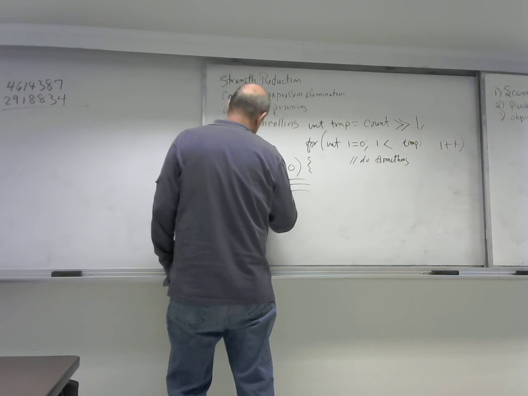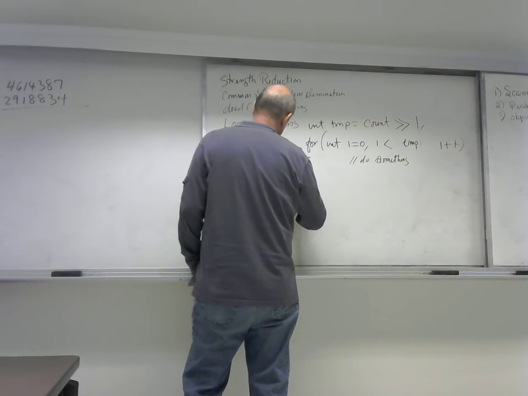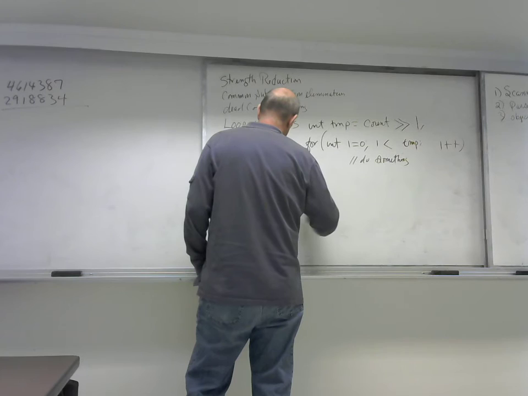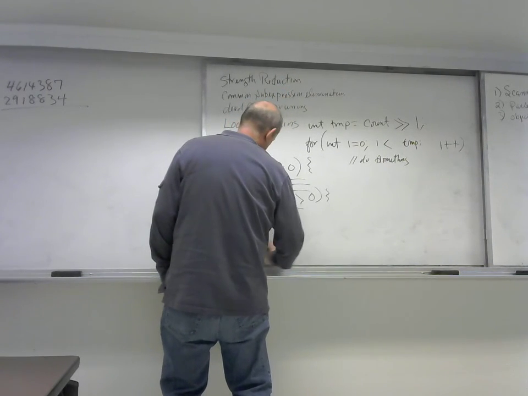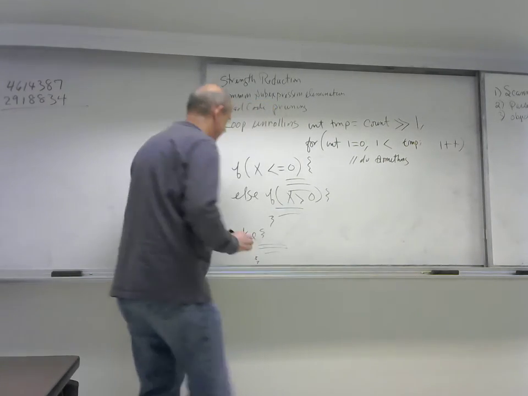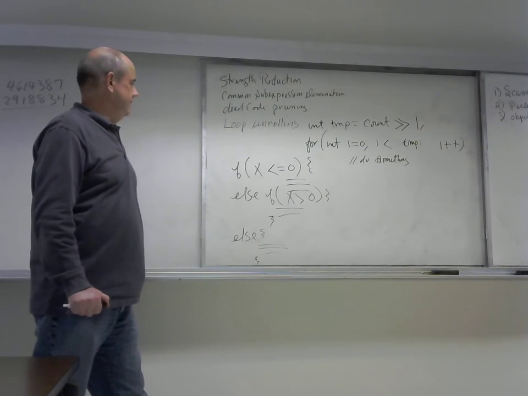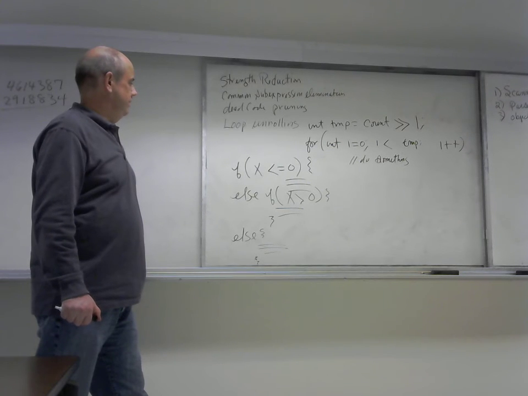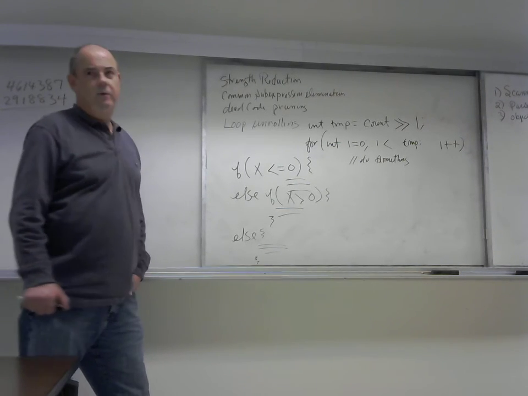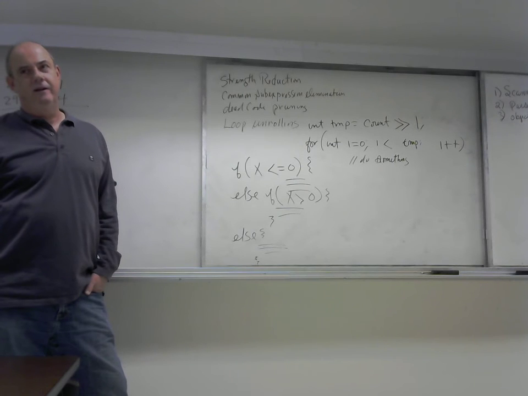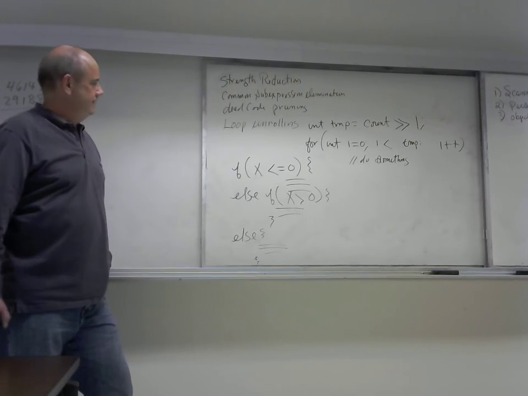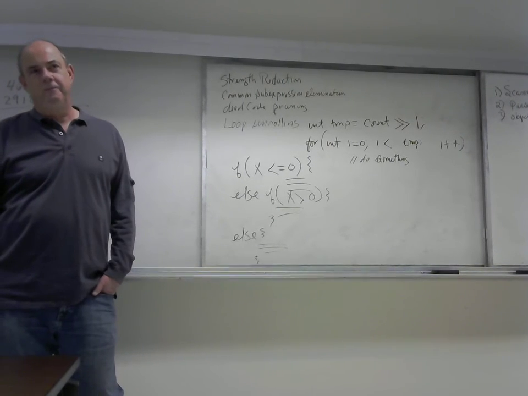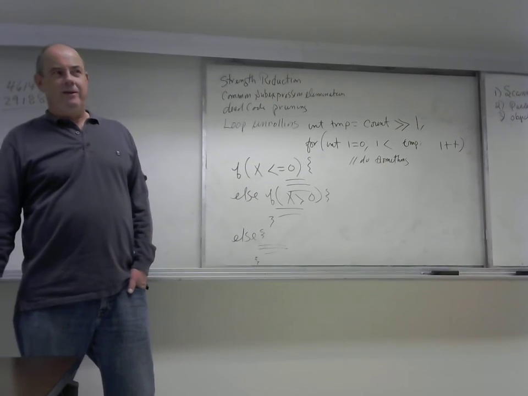Else, if x is greater than 0, do something else. Otherwise, do a bunch of things. Well, if x is not less than or equal to 0, and x is not greater than 0, then are you going to execute the else part? Give me a number that's not less than, greater than, or equal to 0. I don't think there is such a thing.